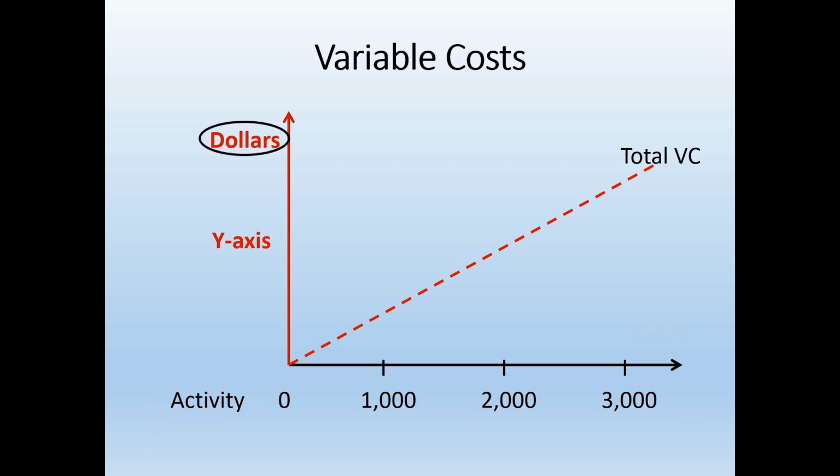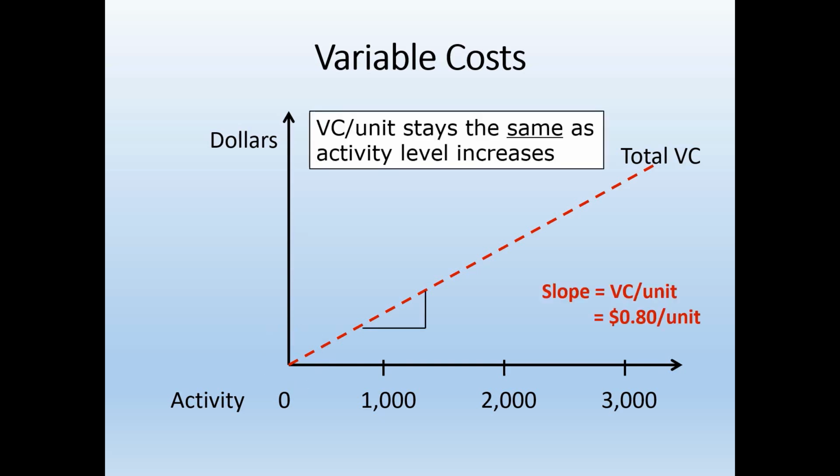And the y-axis is always dollars of cost. The total variable cost line always passes through the origin. That means, for example, that the firm would expect to have 0 direct materials costs when it's making 0 units.